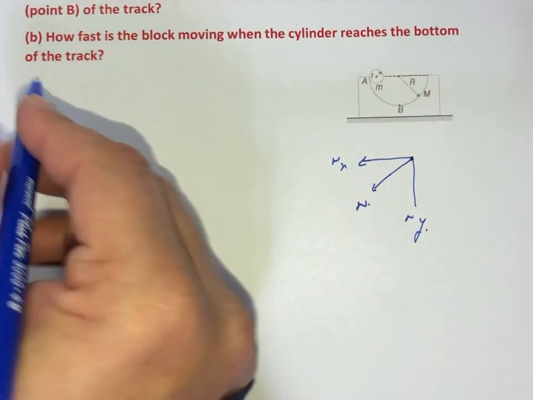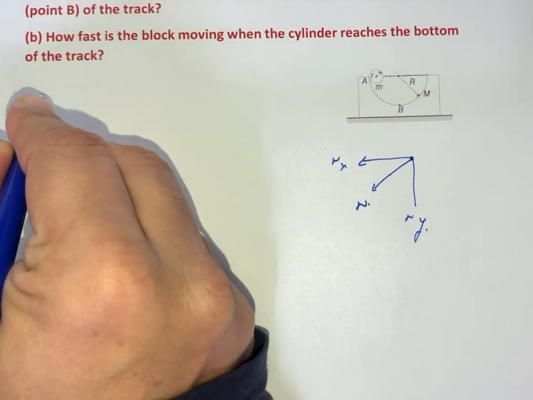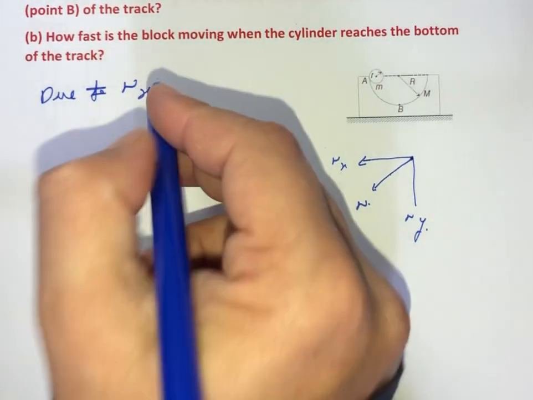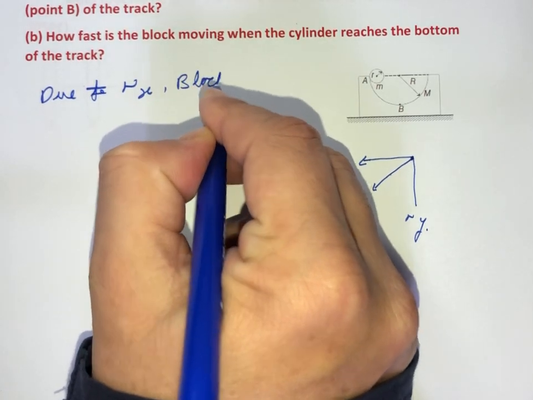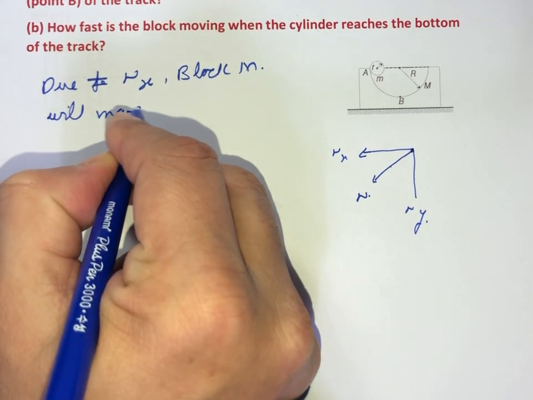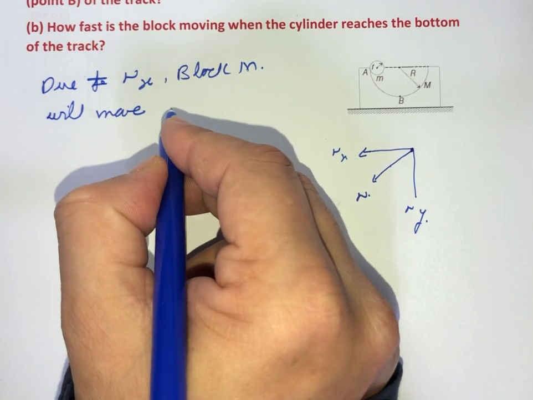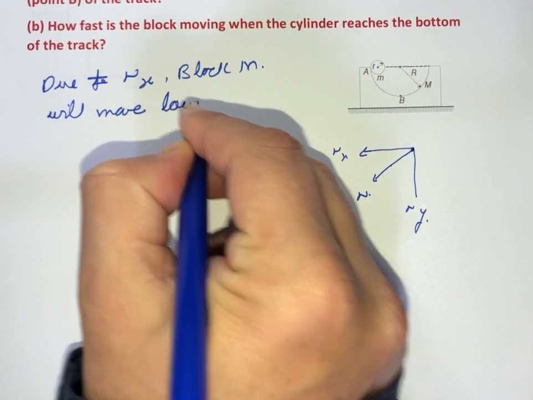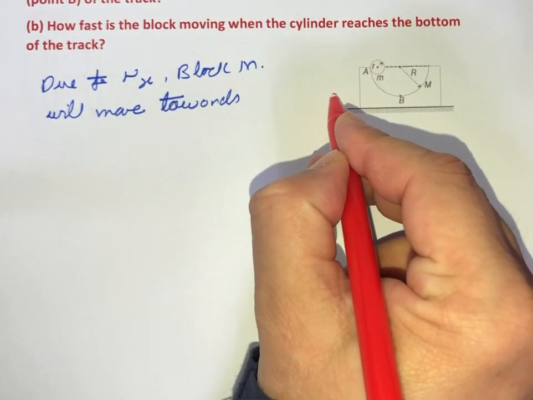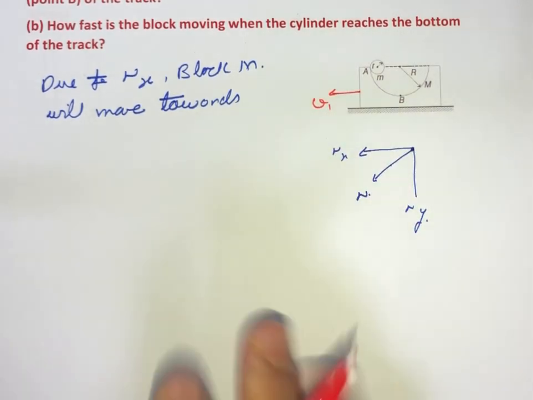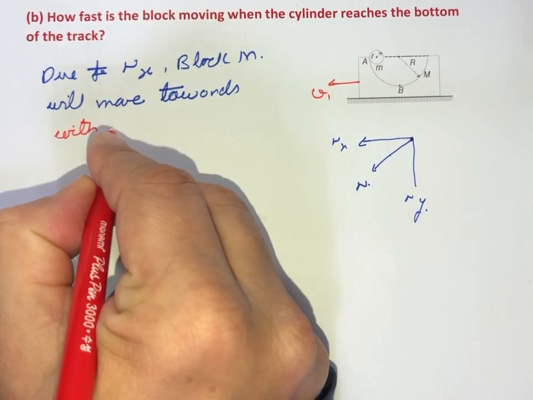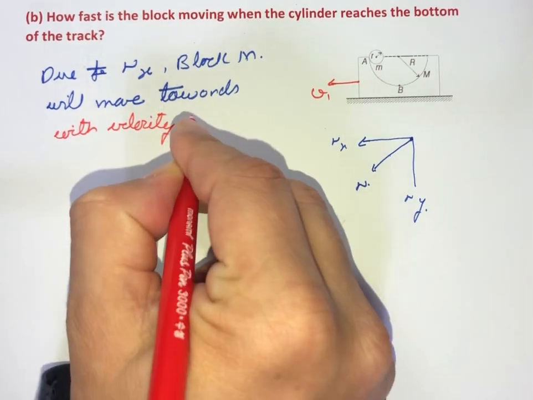So due to Nx, block M will move towards left, and let its velocity be v1.